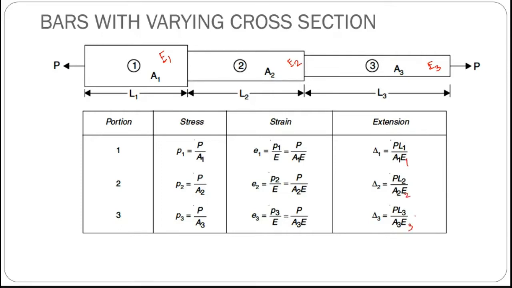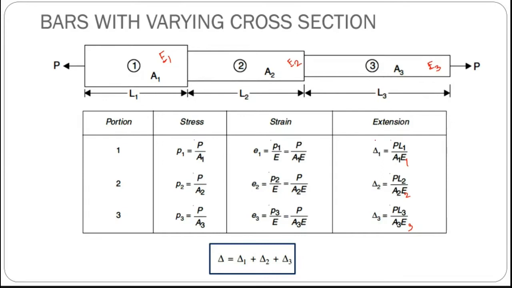So what we do is split into small pieces and apply the formula del L is equal to PL by AE. Find out the extension for each piece separately. So portion 1, what is your del L1? Portion 2, what is your del L2? And portion 3, what is your del L3? After that, you identify the total del L. So total del L is the addition of all the three.